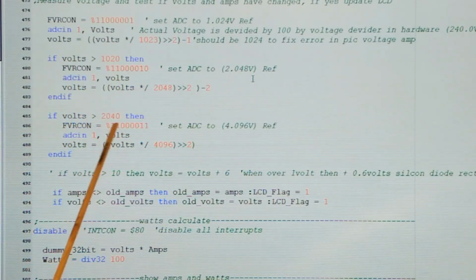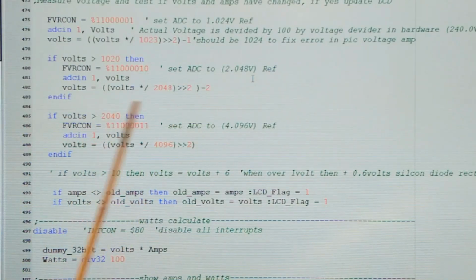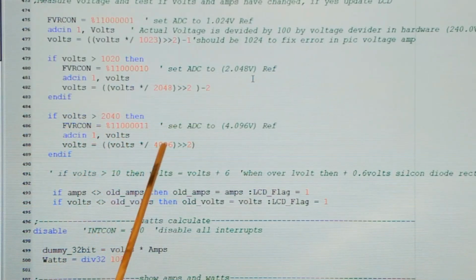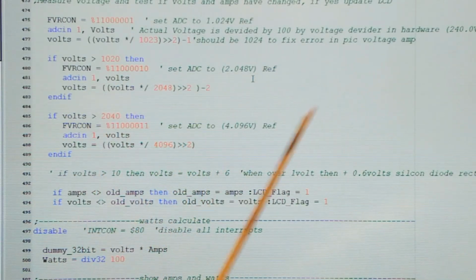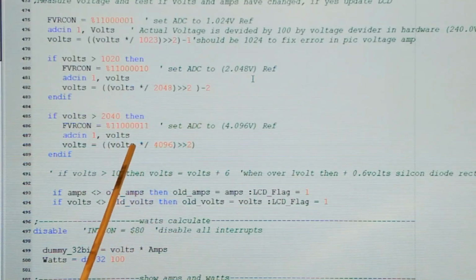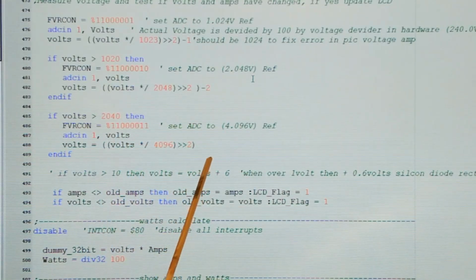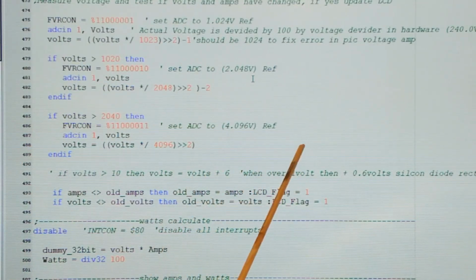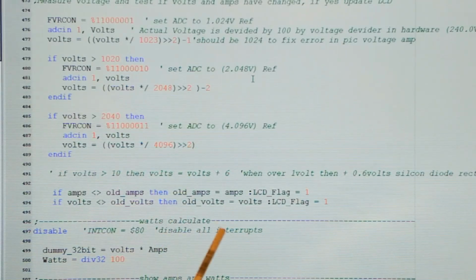And the voltage, I'm reading it in 3 steps. Originally I didn't have that, so when I showed the videos of the testing, those people who look at detail would have noticed that I wasn't using this, because if you look at the first digits, it was jumping by 4. Let's say 20.3 volts, you couldn't really get the 3 because it was jumping by 4. That is because I only used the 4.096 voltage reference, but later I changed it to this, and that's why I'm showing this again now.